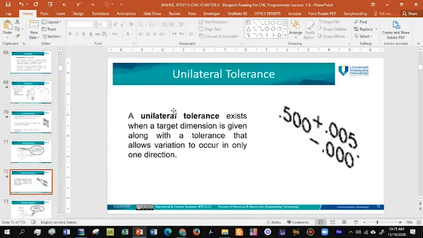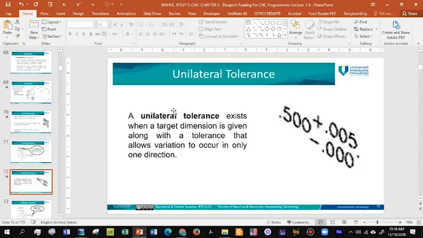The second type they call unilateral tolerance. In the unilateral tolerance, they define the dimension and put plus minus. That means you have the dimension 0.5, but you have plus 0.005 minus 0.000. In the case of the unilateral, you are going to see only one tolerance, the positive or highest value, while the other side will be 0.000. So they call it unilateral.